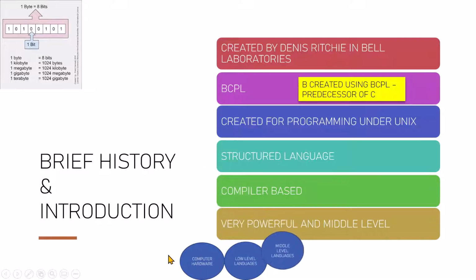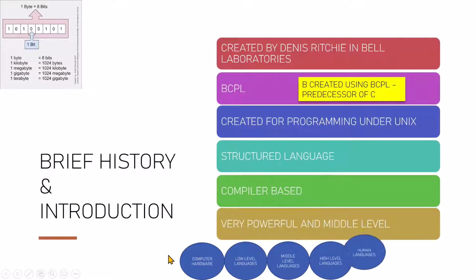Just next to those low-level languages sits C. So C sits between low-level languages and high-level languages, which, by the way, are so called because they are very close to the languages we as humans understand. Right? So as you can see from this illustration, low level means closer to computer hardware, more difficult for us humans to read and understand. High level is easier for humans to read and understand.